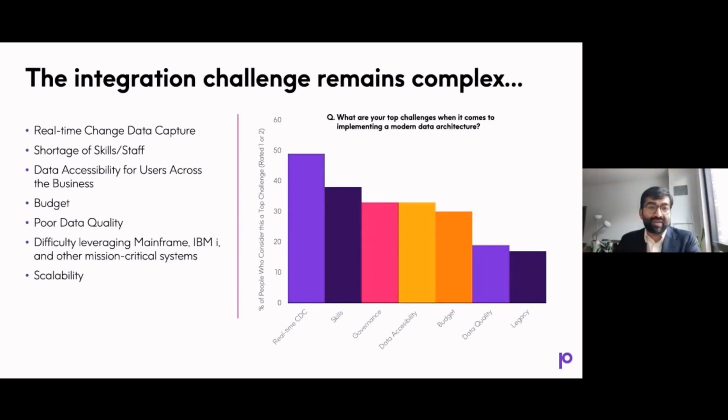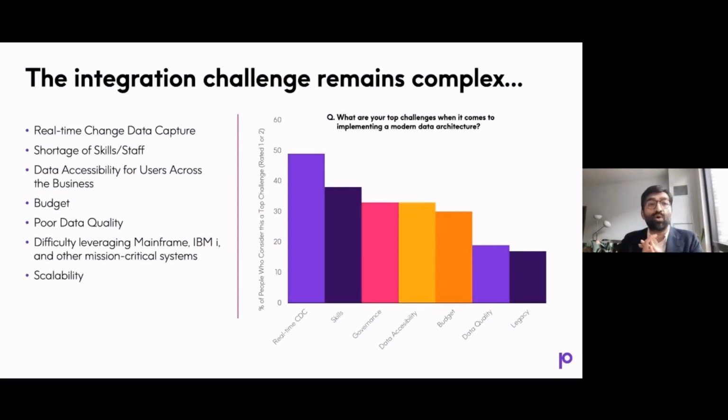Now, we did a survey amongst the market ourselves here precisely, and the main question we asked participants of the survey was, what are your top challenges as it relates to implementing modern data architectures? And you can see the distribution of responses. These were the number one or number two responses as shared by participants in the survey.